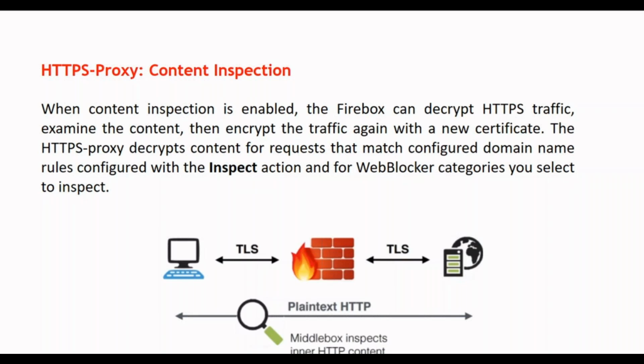The idea is that your firewall is in the middle, decrypting the traffic and encrypting it again between the client and the server. As you can see here, the firewall is going to inspect the inner HTTP content.